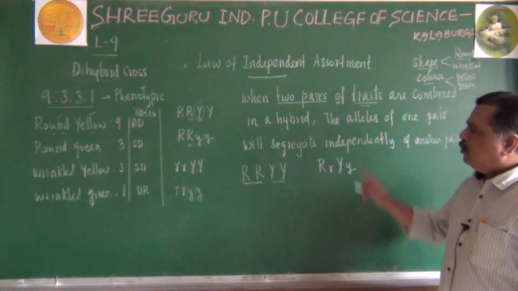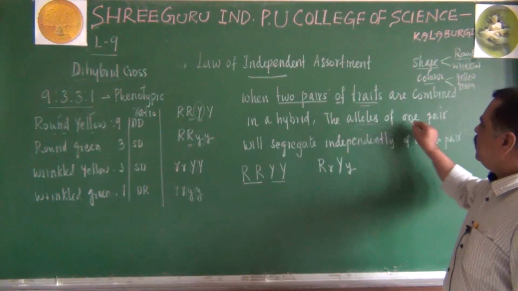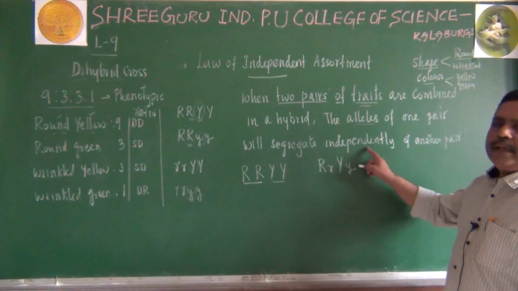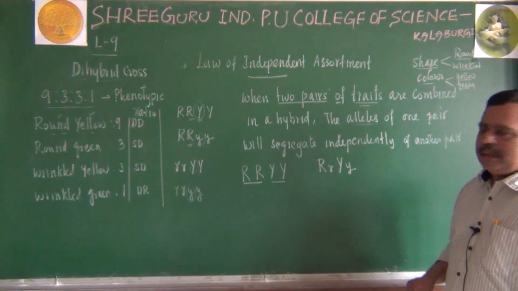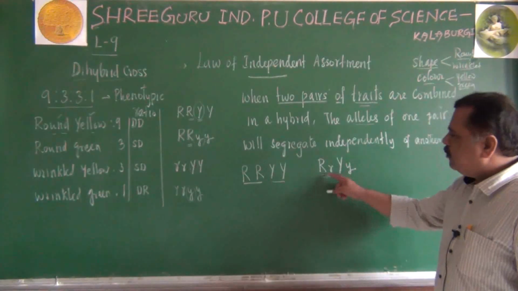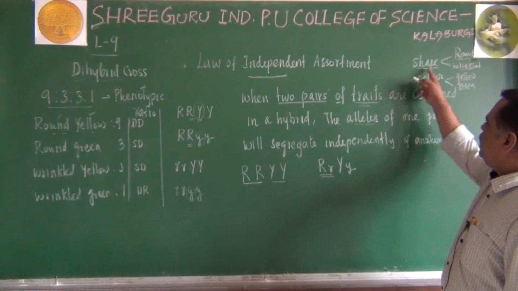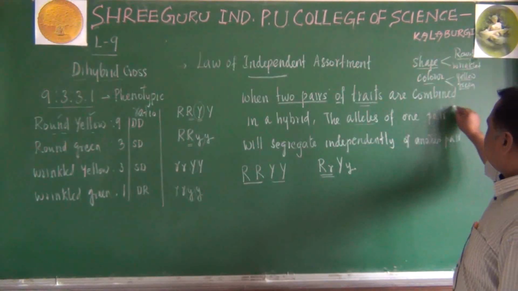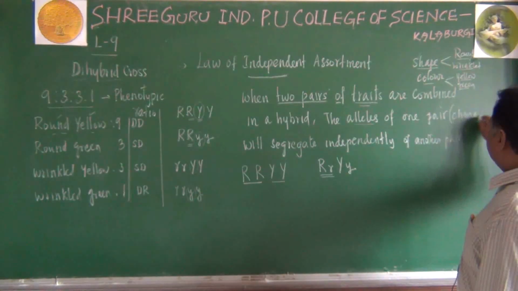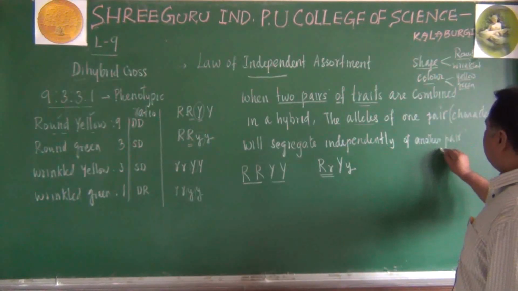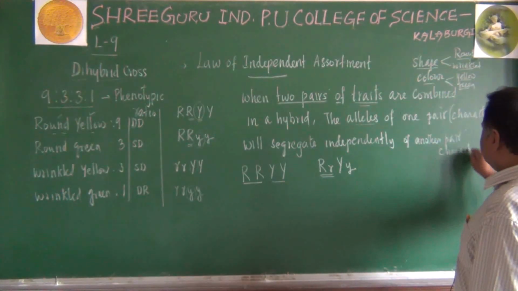What he is telling is the alleles of one pair will segregate independently of another pair. These two are alleles of one pair, that means one character. The alleles of one character will segregate independently of the alleles of another character.